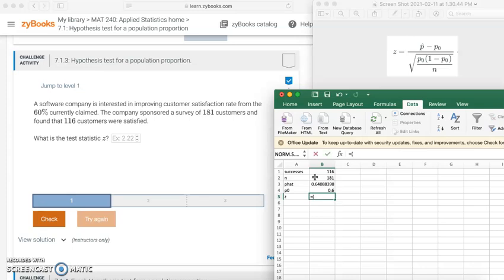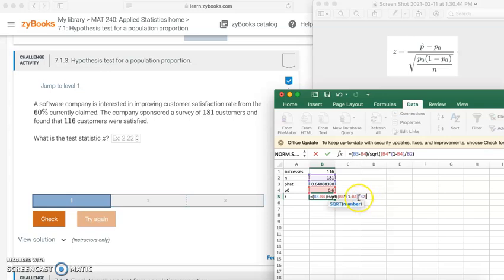So this is going to equal p hat minus p naught divided by the square root of p naught times 1 minus p naught. Sorry, I'm trying to be very careful with making sure I enter this correctly.